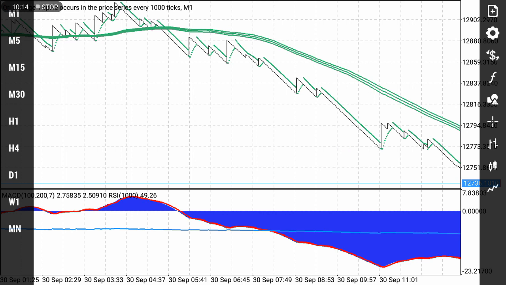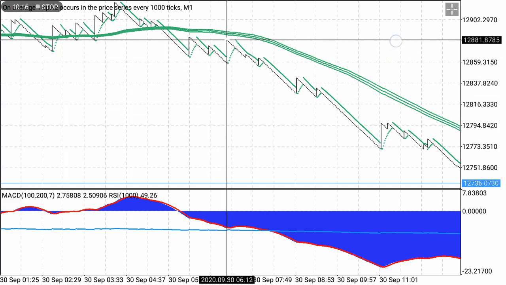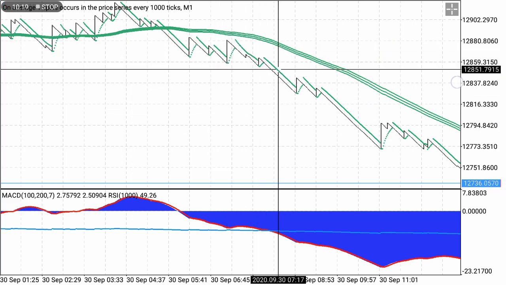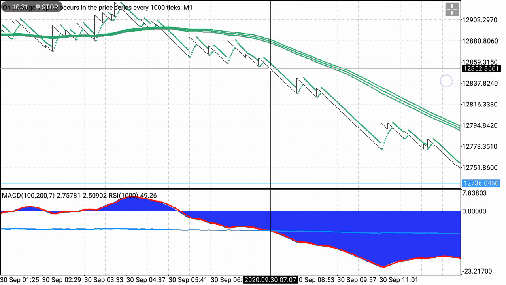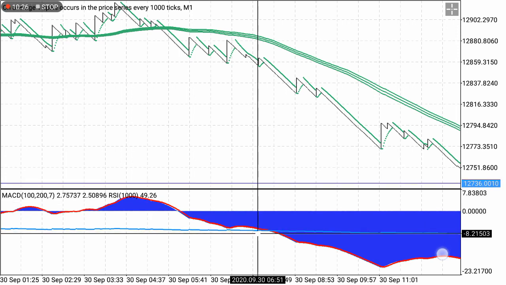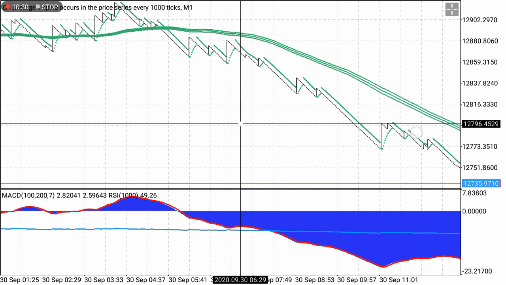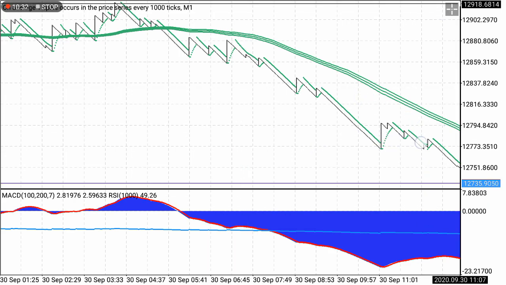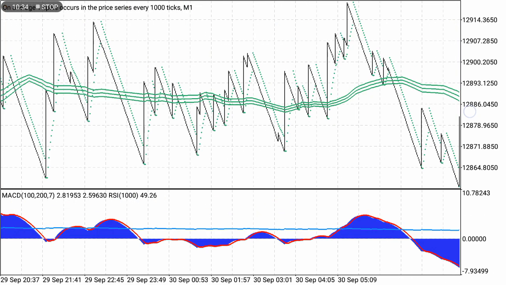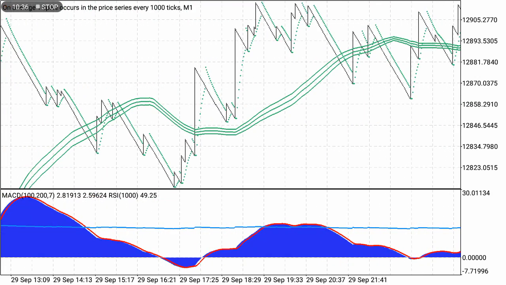When to set the trailing stop, look at MACD, look at this point. Here will be your stop loss or take profit, and look at MACD. You just crossed that RSI, so now it's time to close your position or set a trailing stop.